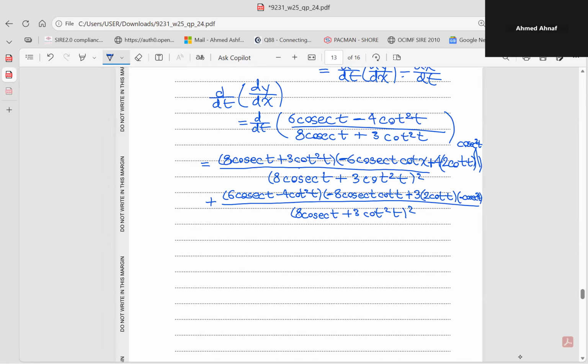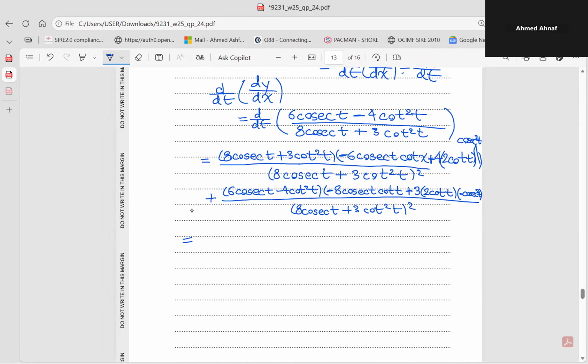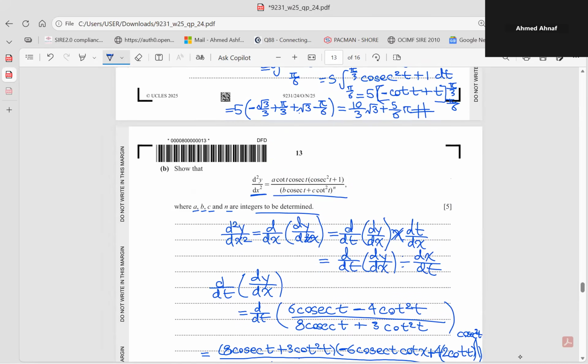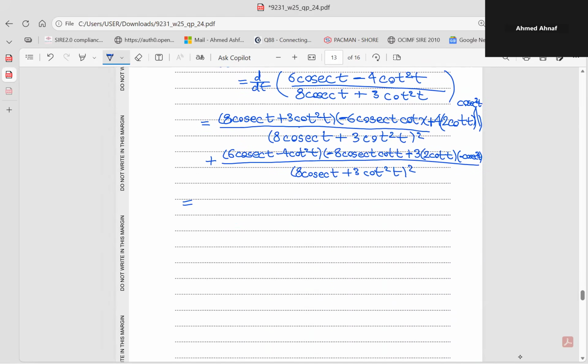Now the next step is to factor out. Since we have cotangent t and cosecant t, let's factor out 2 cotangent t cosecant t from both.